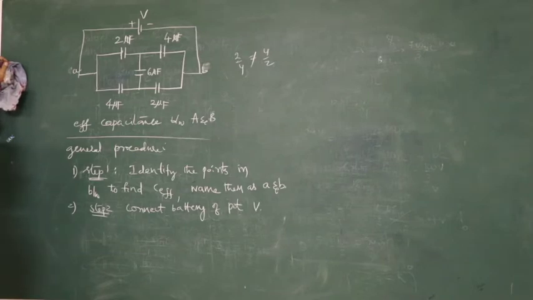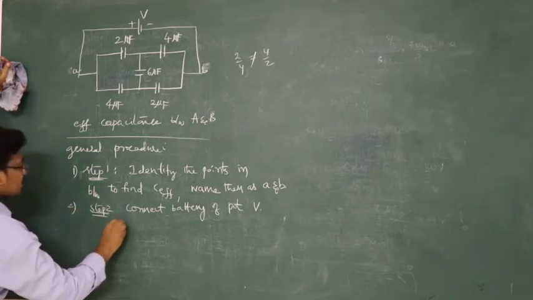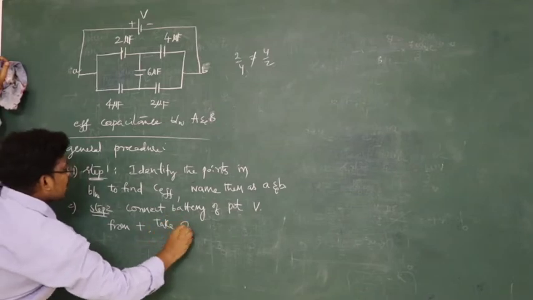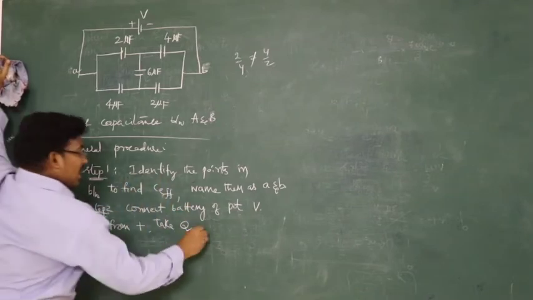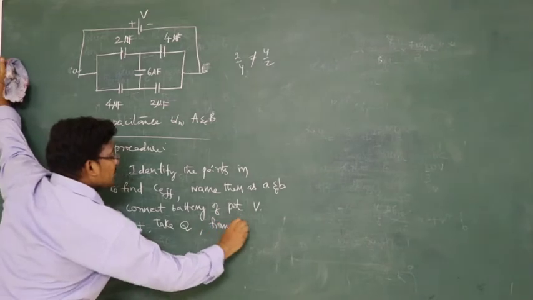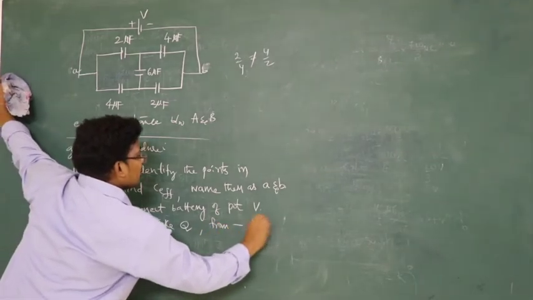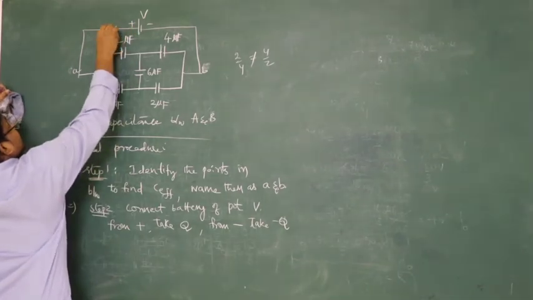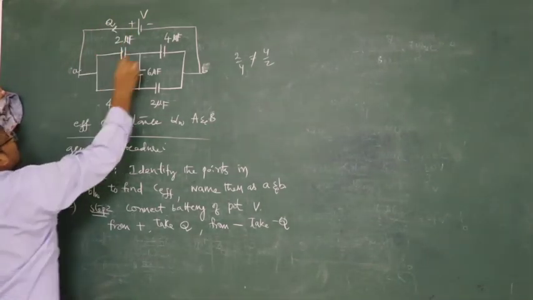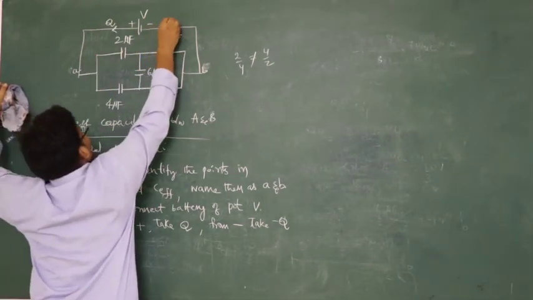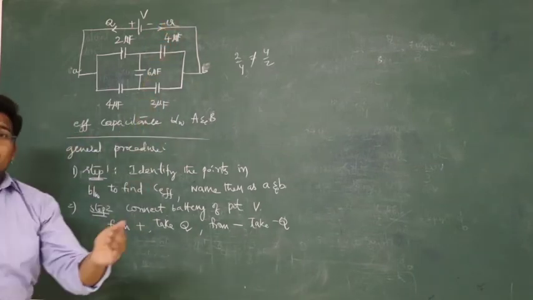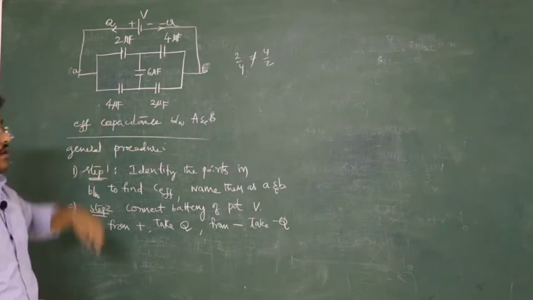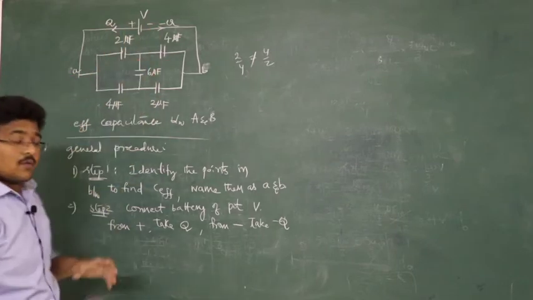Now from plus take Q charge, and from negative take minus Q charge. It means the battery's plus terminal is giving Q charge to A and minus Q charge to the other point.